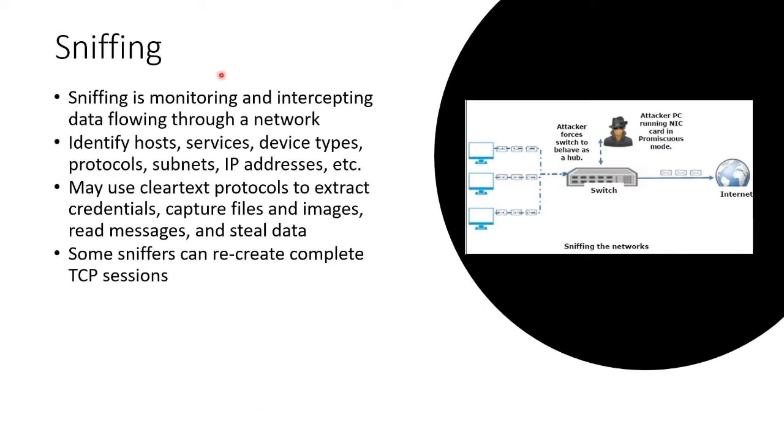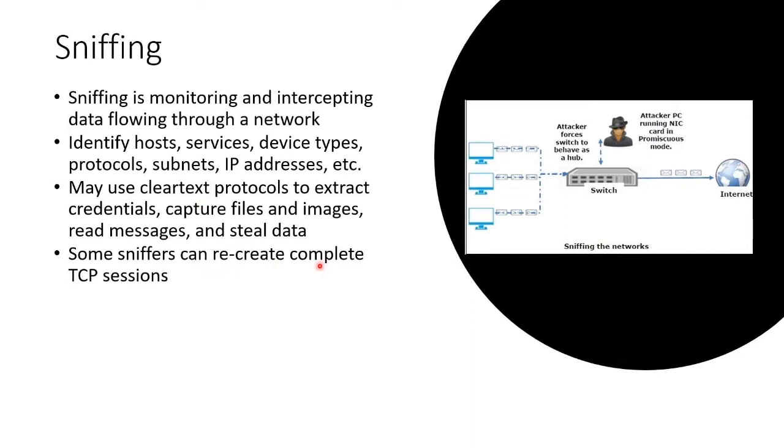So sniffing is the monitoring and intercepting of data flowing through a network. You can use it to identify all the devices and the addresses and the protocols that are using the network. Most of those protocols are clear text, the old ones, and we can use them to just extract credentials, capture files and images, read messages, steal data.